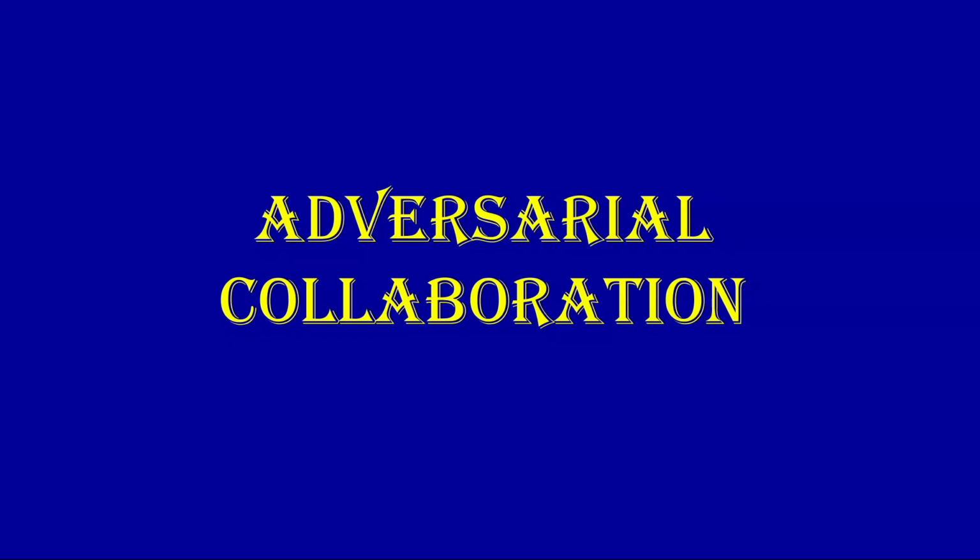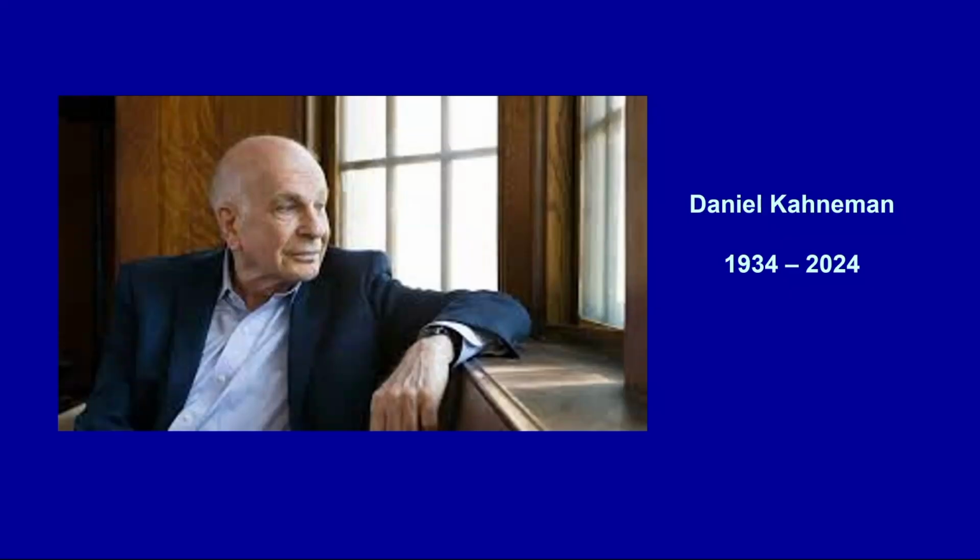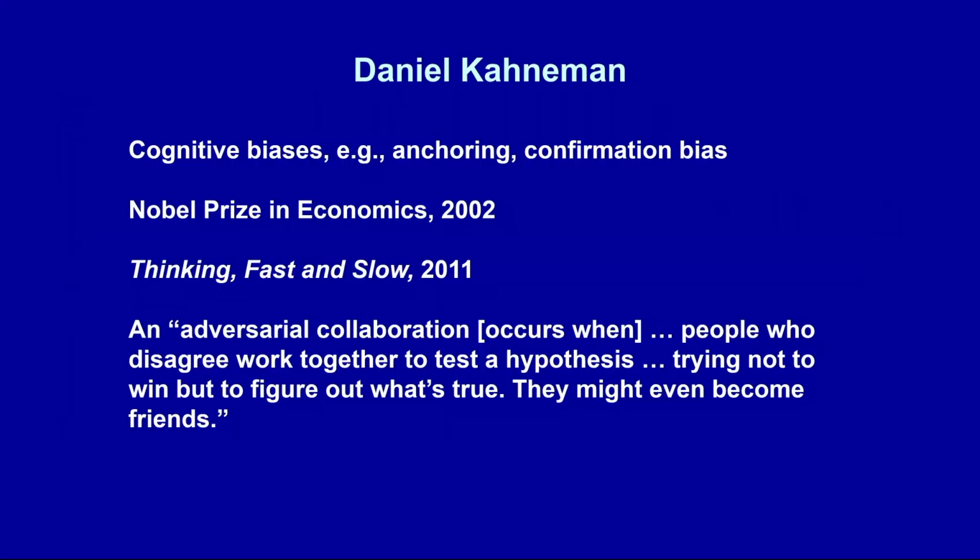Have you ever heard this term? This term was actually introduced a few years ago by this guy. Daniel Kahneman was a psychologist and an economist. And he was famous for several reasons, one of which he got the Nobel Prize in economics a few years ago, which is pretty good.